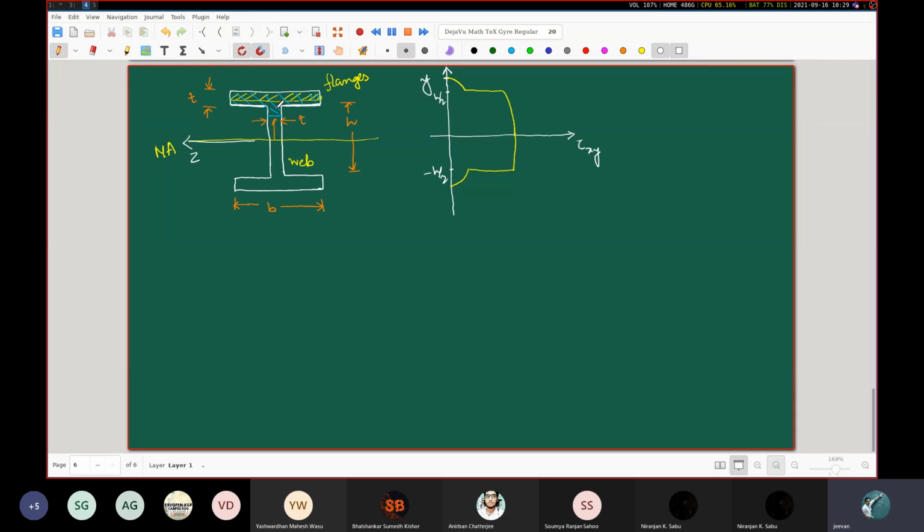So that is happening because if you are focusing your attention somewhere in this part near the middle of the I-beam, then you are going to have a non-zero value. But if you move here at the same y level, then because tau yx is equal to 0, tau xy is also going to be equal to 0. Okay, so it is something like this, that you have the I-beam like this.